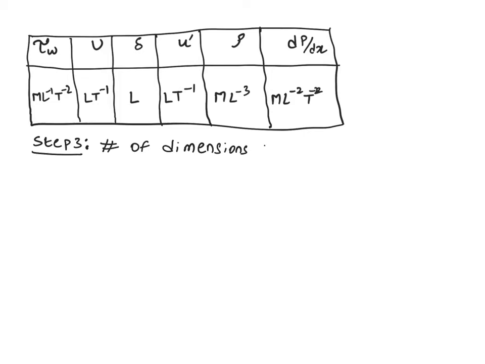So if you observe from the above table, you will see the number of dimensions that have been used are m, L and T. So therefore value of j, which is the number of dimensions, would be 3.